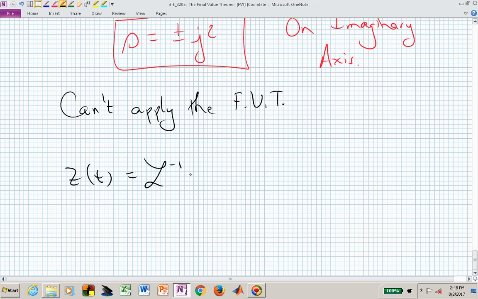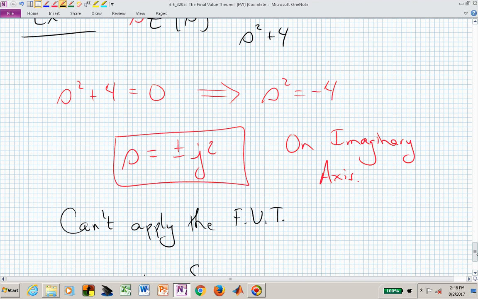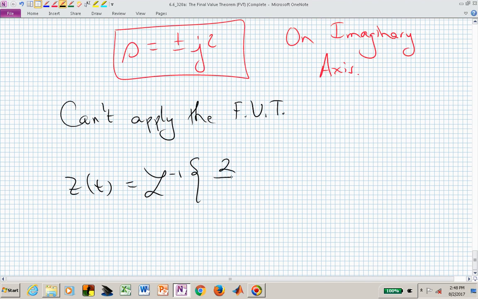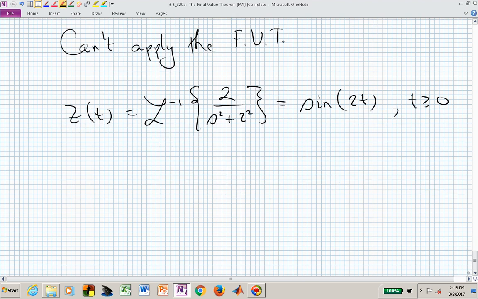What's happening to this, if you actually looked at the inverse Laplace transform of what we started with, which was 2 over s squared plus 2 squared, that's actually the exact Laplace transform of the sine of 2t. And what's that doing as t goes to infinity? Well, sine of 2t just does this.